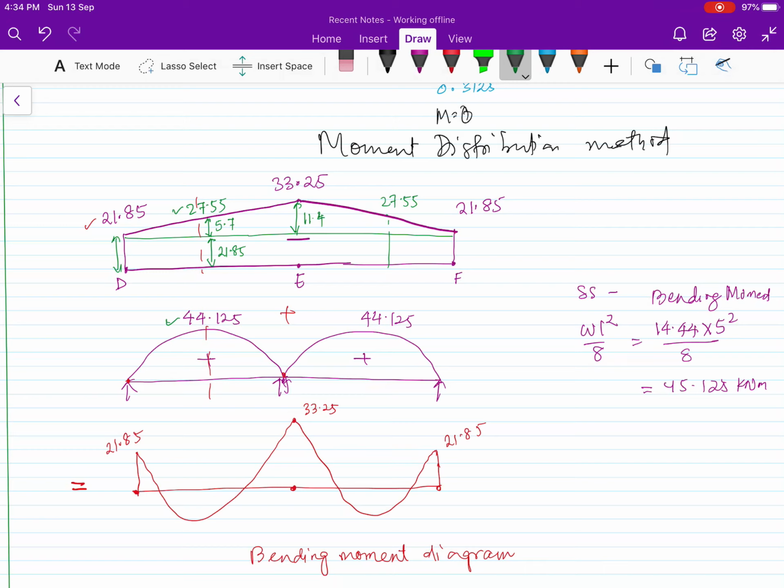So your value is 16.575. So these are positive moments and those are negative moments. This is your bending moment diagram for this DEF.